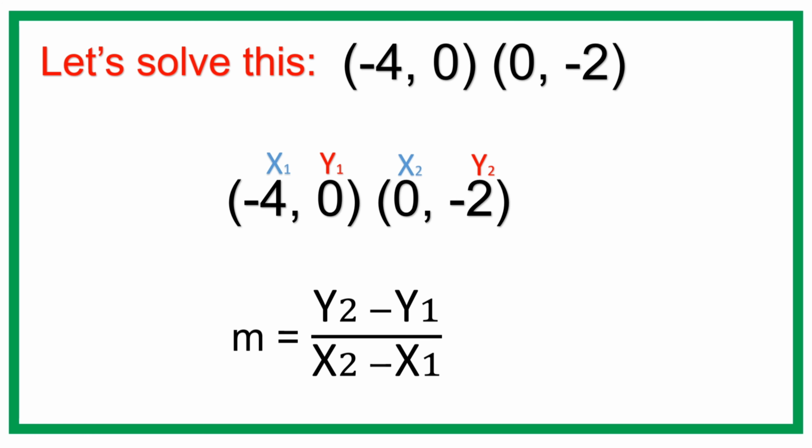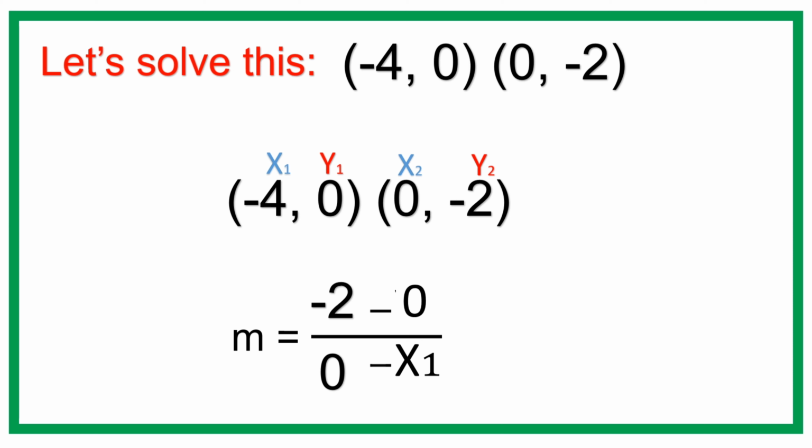Then let's just simply substitute. What is y sub 2? -2. What is y sub 1? 0. What is our x sub 2? 0. What is our x sub 1? -4.